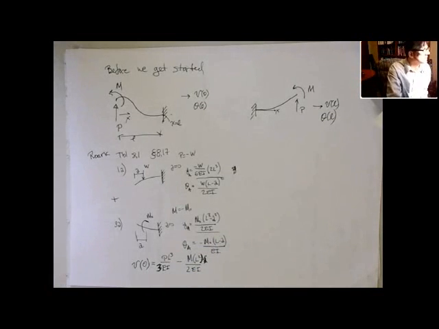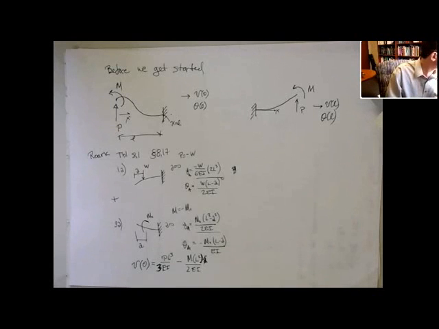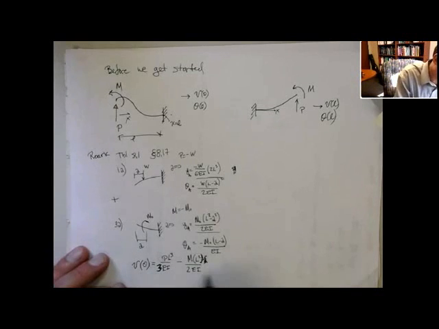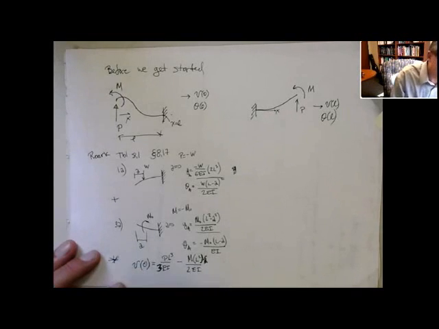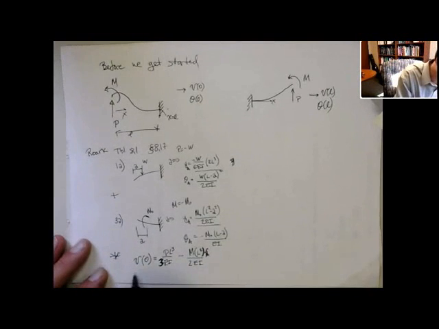No, I got that right. I got the right one. Right. Okay. So that's our deflection for that case. Let's box that equation. And then let's do the same to get the rotation.